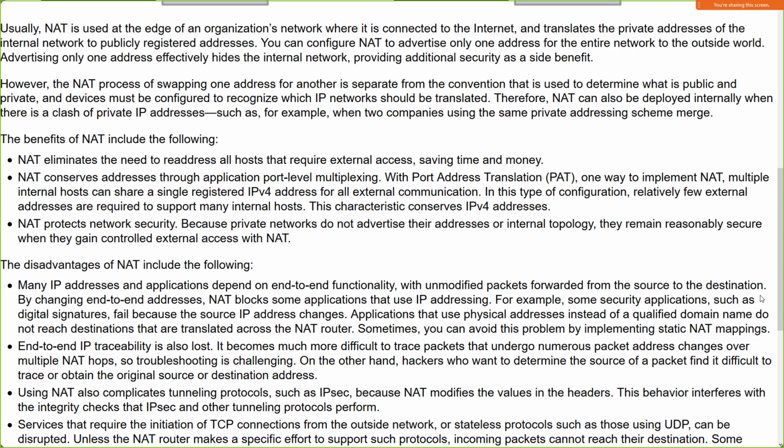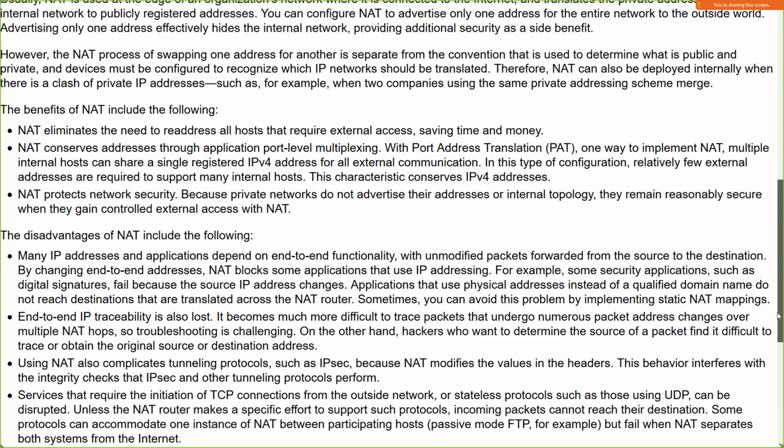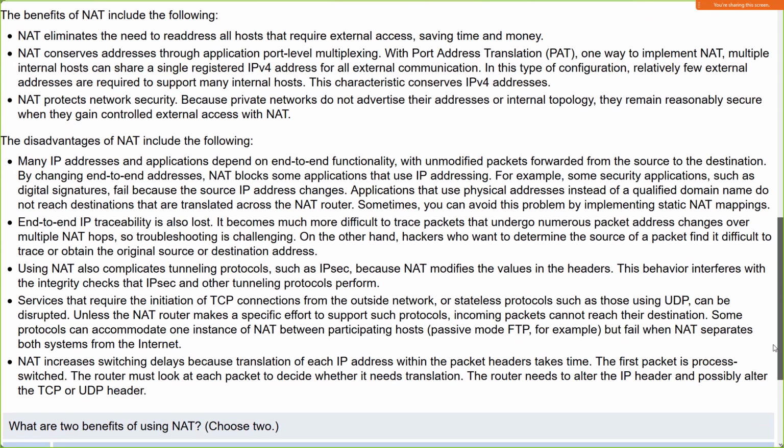There are some downsides to NAT, though, as well. In a lot of cases, NAT will break the end-to-end concept of IP. IP was originally designed to be an end-to-end protocol, meaning that it was host-to-host, and having multiple NAT boundaries in between can kind of mess with that type of communication.